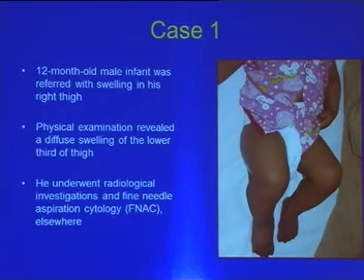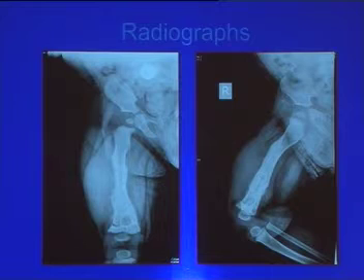This was a 12-month-old infant who was referred with a swelling in the right thigh, and physical examination revealed a diffuse swelling. He underwent an FNAC, and this is how the radiograph looked like. The bone was distorted, and there was some sclerosis and lytic areas.